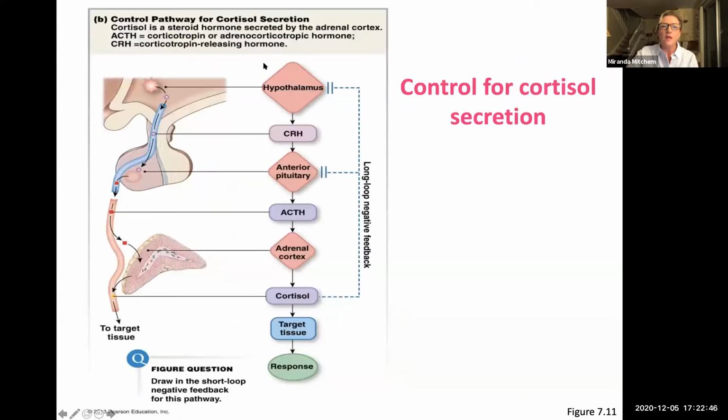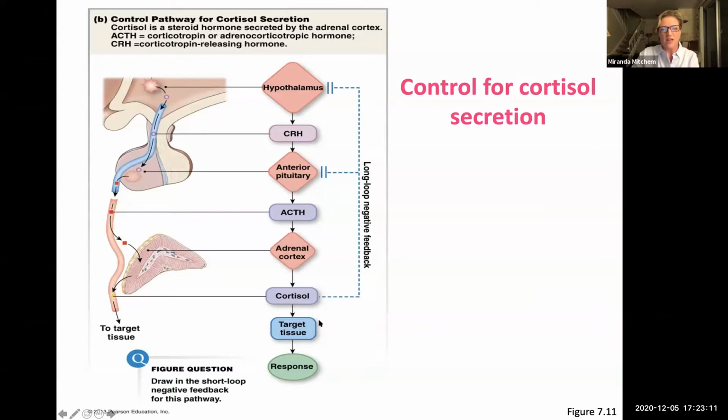Here we go. We've got the hypothalamus, which leads to the release of corticotropin releasing hormone. That's hormone 1. That acts on the anterior pituitary gland to release our second hormone, which is the adrenocorticotropic hormone, which acts on the adrenal cortex to produce cortisol. That's hormone 3.